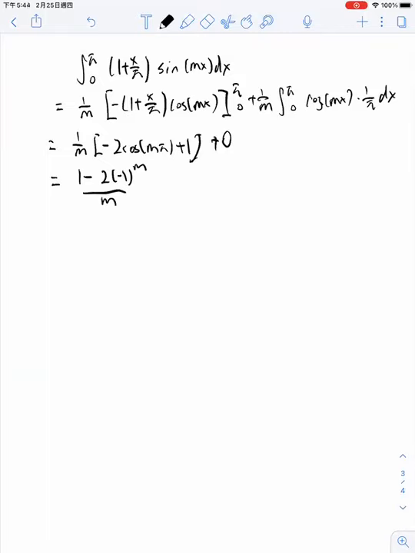Here, the cosine m pi is equal to 1 when m is an even number, and if it's an odd number, it will be equal to -1. And then we substitute back into the expansion.